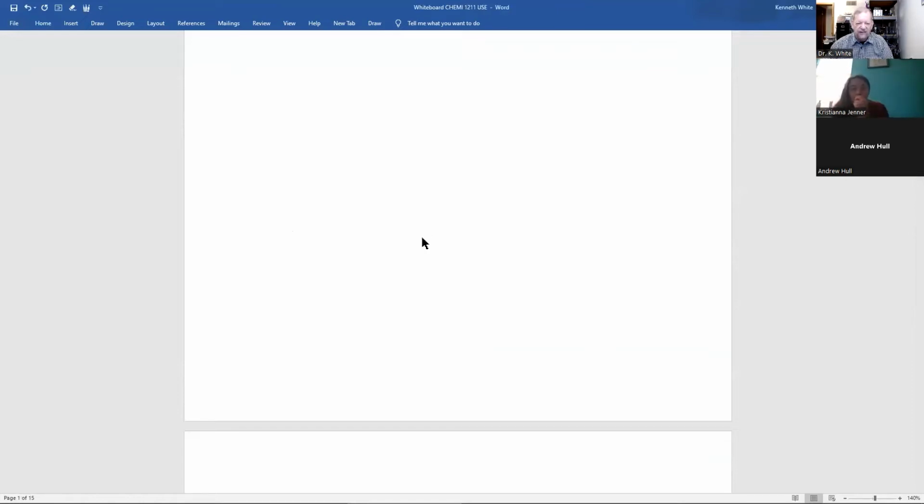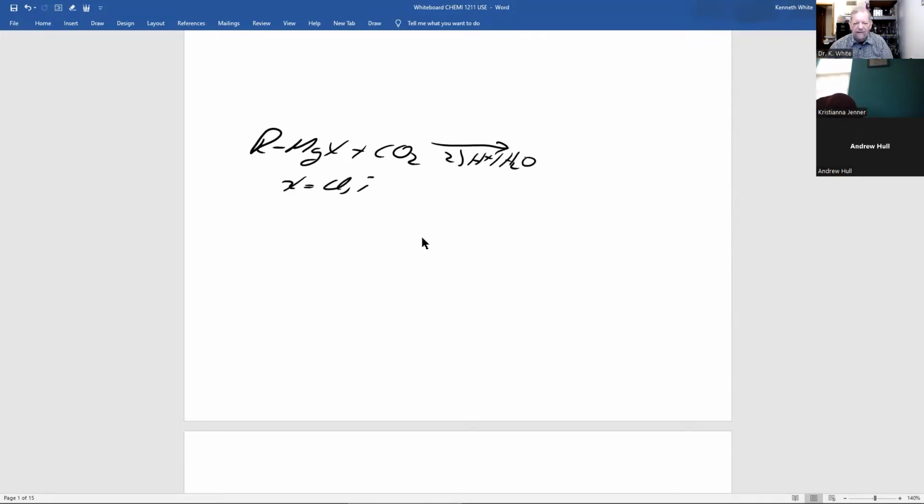And the reaction is, if we take a Grignard reagent, look for what's different: R group carbons, hydrogens with MgX, where X can be chlorine, bromine, or iodine.